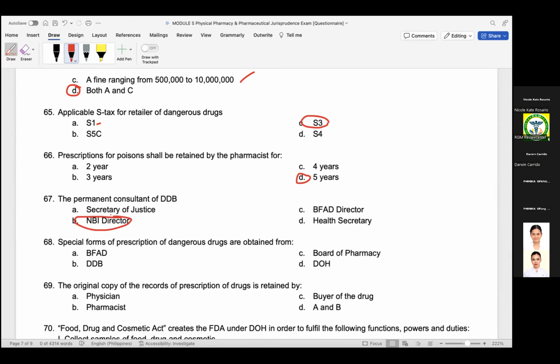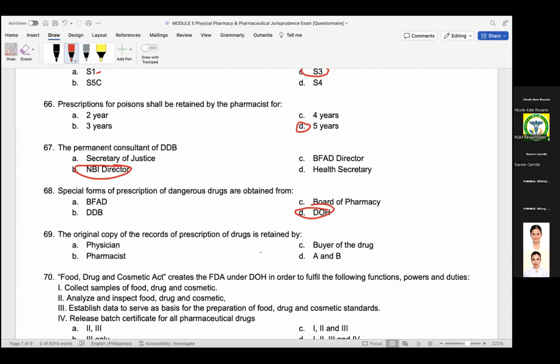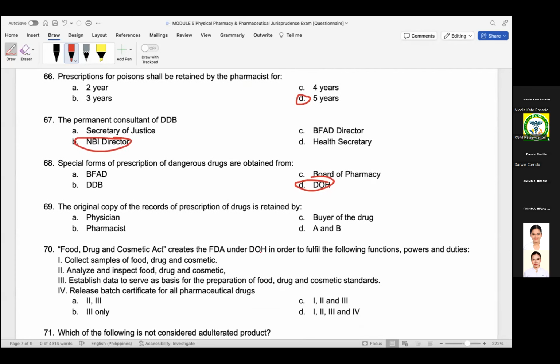Next, number 68. Special forms of prescription of dangerous drugs are obtained from BFAD, DDB, Board of Pharmacy, or DOH. The correct answer is DOH. DOH. Sa kanila talaga. Pwede rin sa DDB pero sa DOH.